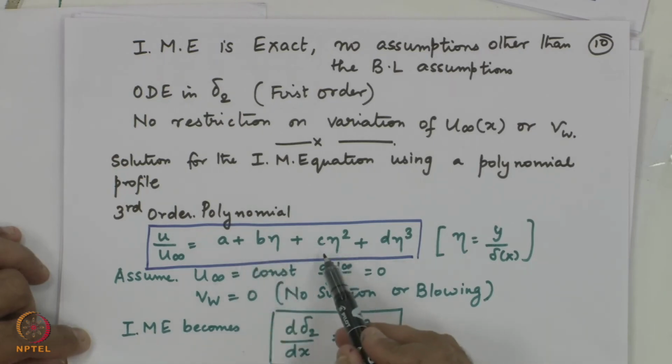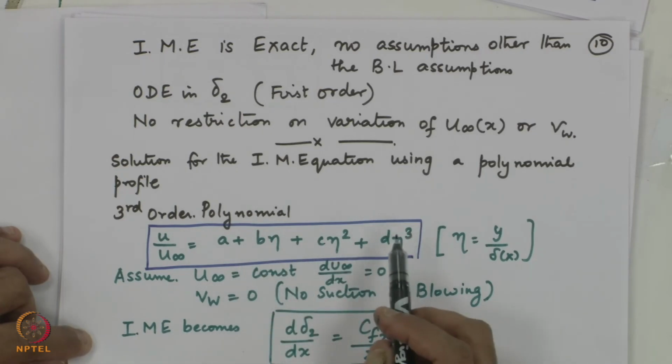The third boundary condition was du by dy at the edge of the boundary layer equal to 0. The fourth was use of the x momentum equation at the wall, which gave d squared u by dy squared equal to 0, so c turned out to be 0, b was 3 by 2, and d was minus 1/2.